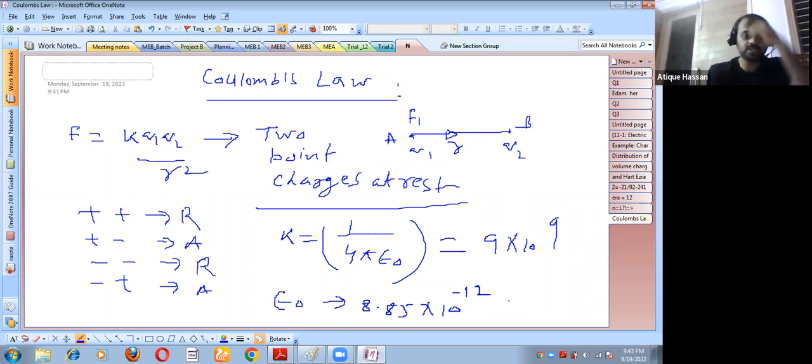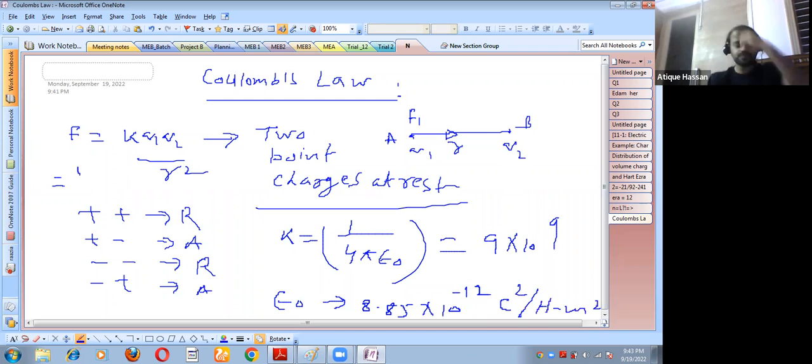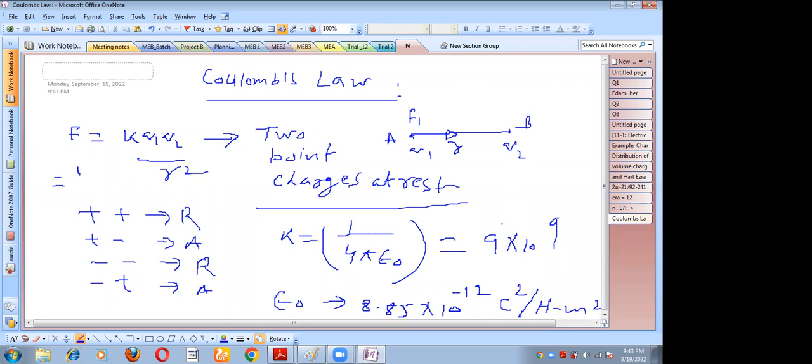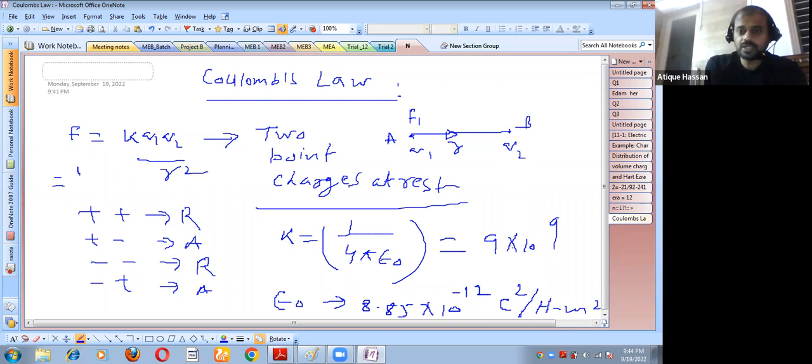So k is 1 by 4 pi epsilon naught, and its unit will be Coulomb square per Newton meter square, right? Yes, sir. So generally we will use 1 by 4 pi epsilon naught as 9 into 10 to the power 9, and this is the basic concept, and more concepts we will get by solving the questions.